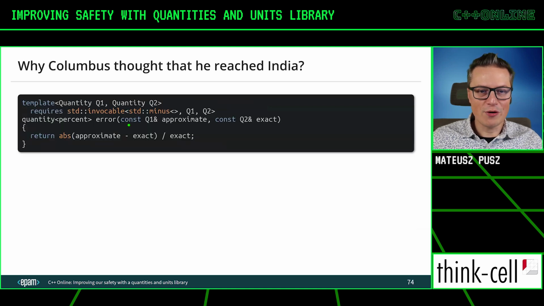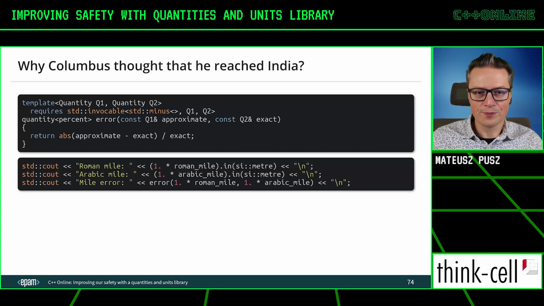We were writing an error function that has 2 quantities as an input, subtracts them, takes the absolute value, and divides by the exact value, and we get the error in percents as an output. So we can print Roman miles in meters, Arabic miles in meters, and we can print the mile error.